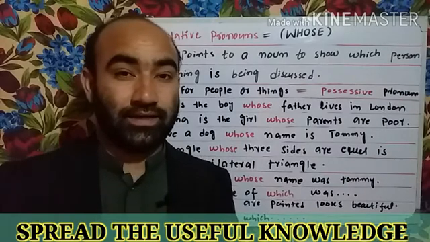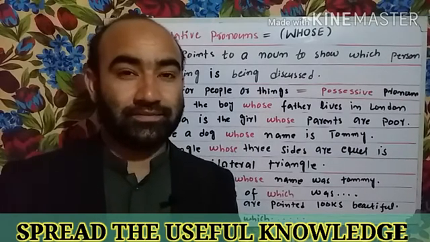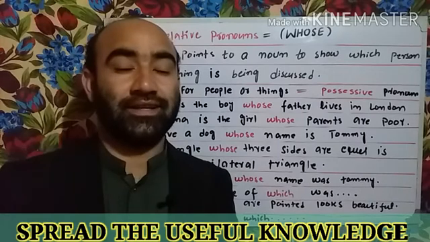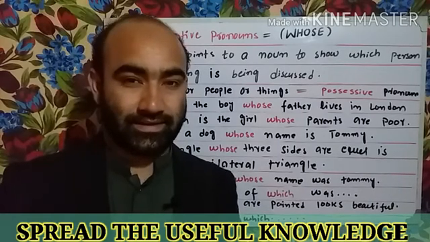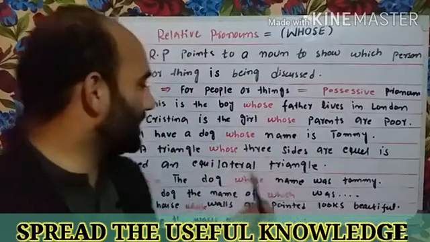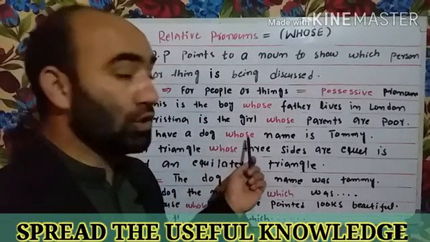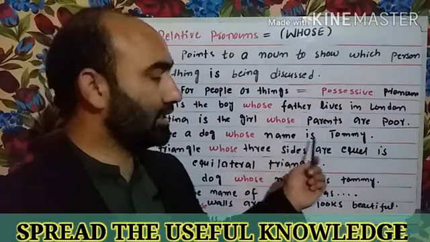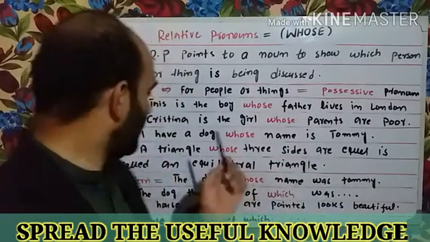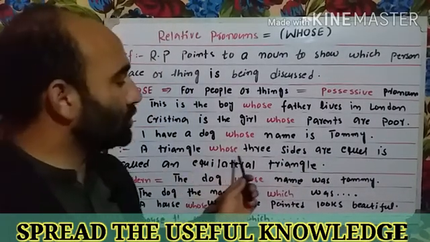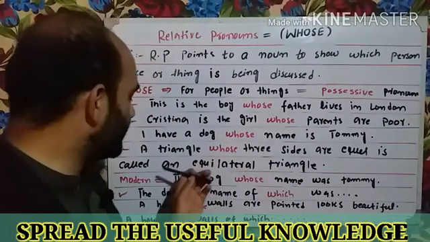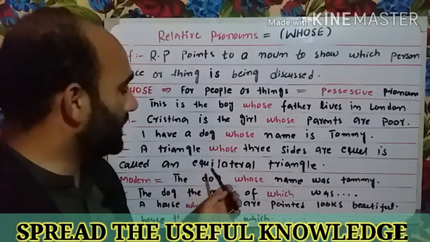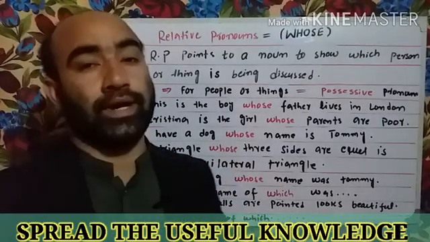But in English, they are considered as non-living things. Okay? You have to keep this in your mind. I have a dog whose name is Tommy. A triangle whose three sides are equal is called an equilateral triangle.